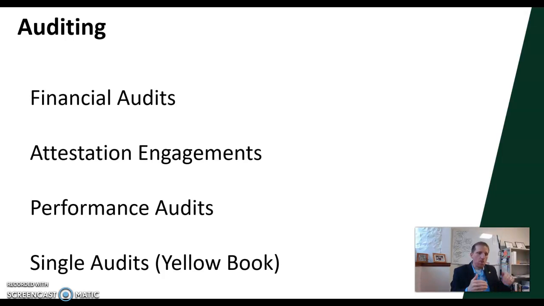Performance audits, one more tier down from attestation agreements, where single audits, we'll get into some of the criteria for that in just a second, but that's where state or local governments or nonprofits get money from the federal government, and depending on what we're going to look at here in just a second, they then also have to have a single audit, which is a little more in depth than just a financial audit.